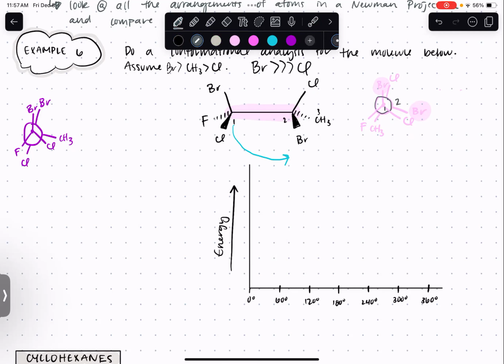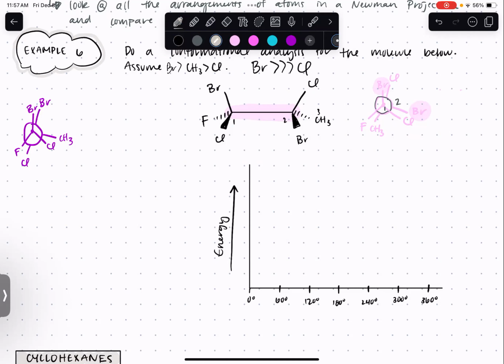And we're just looking down the bond, so it's like if we're looking at it from here and looking at it straight down. Does that help? Yeah, I think so.